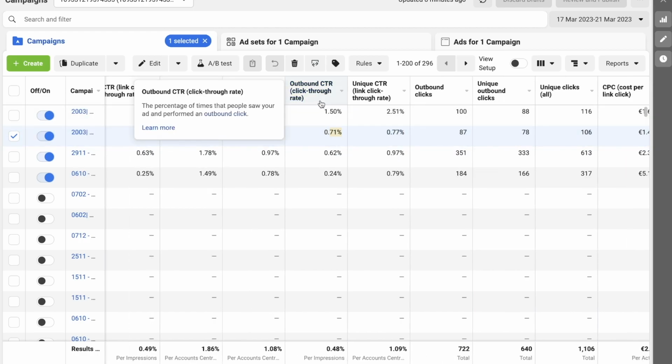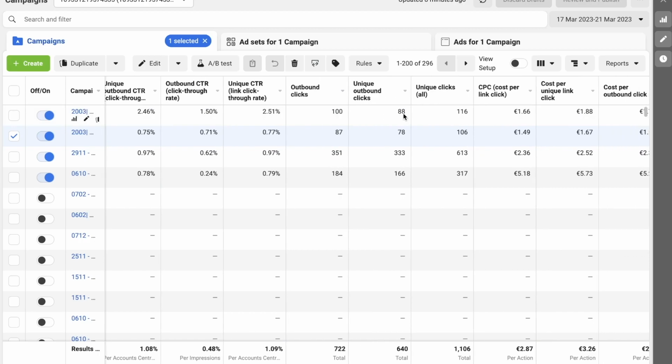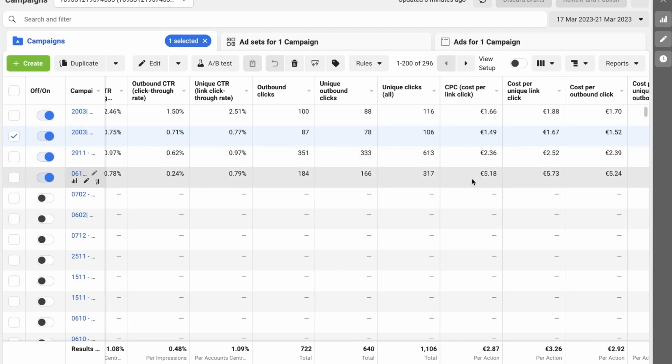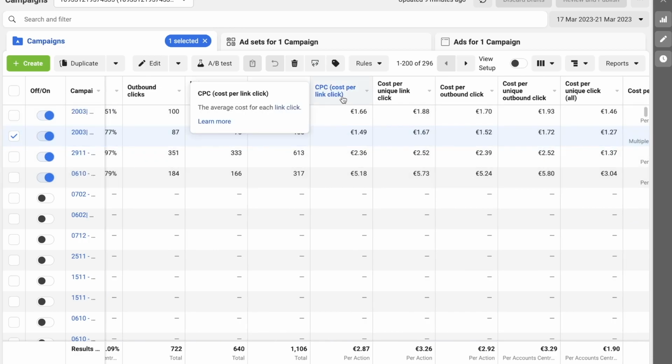From this outbound click rate, you get your outbound clicks, and you can then calculate the cost that this click has basically cost you. And no, it is not an additional cost that is built anywhere. This is just a measurement way that divides your cost for your impressions, and it calculates how many clicks you got from these costs, and this is just the number that they come up with.